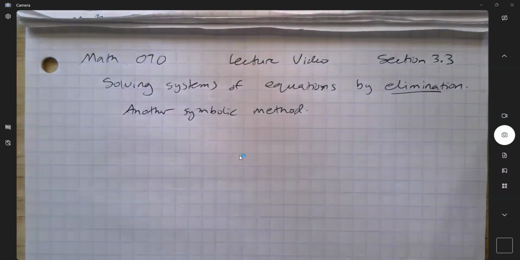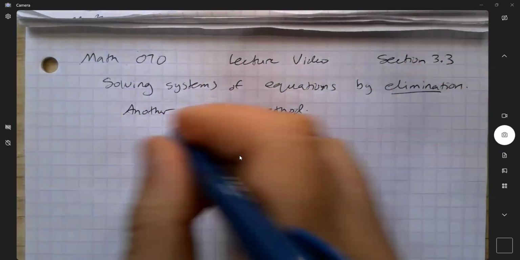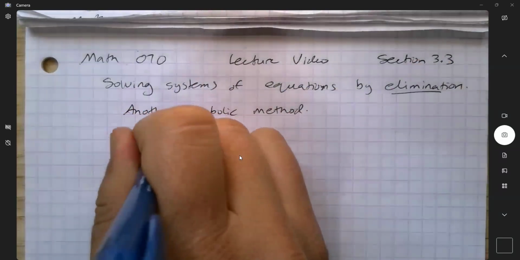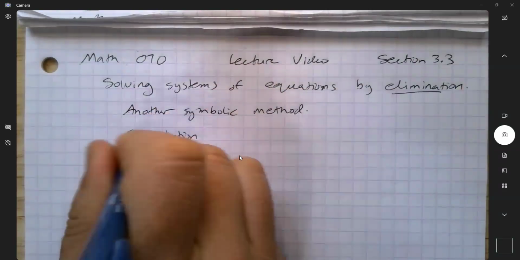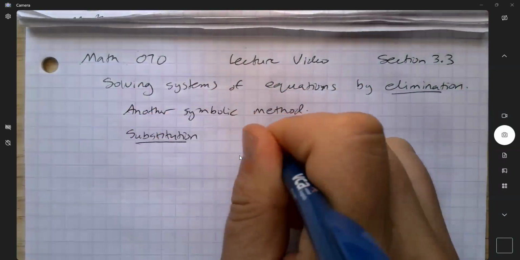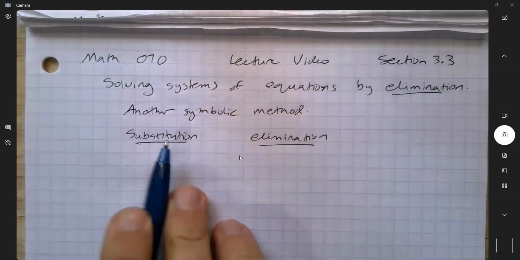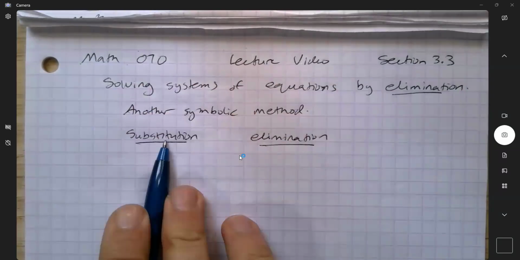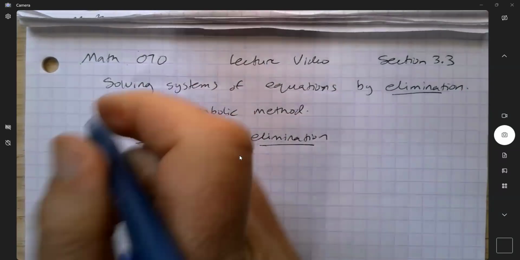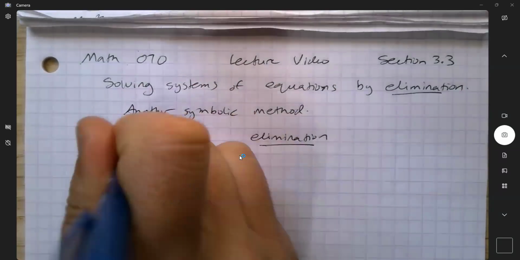But this is my real recommendation. We saw we had substitution as a method to solve it symbolically, and we have elimination. And my opinion is, why should we try to learn two when we could focus on getting really good at one method first?